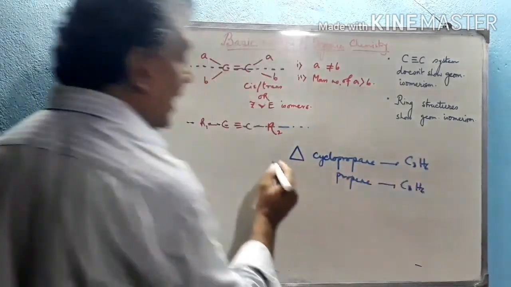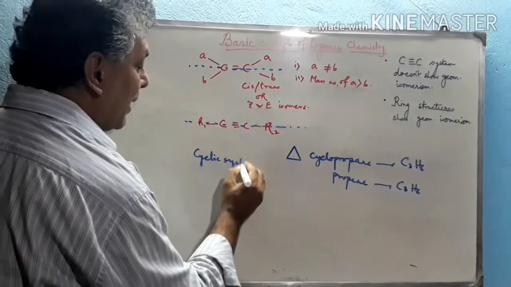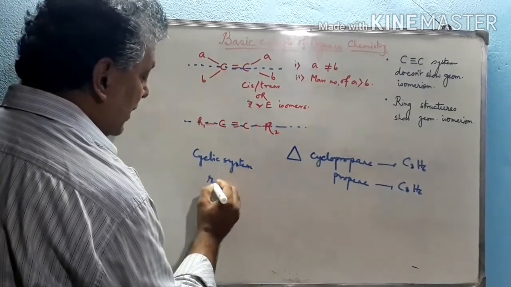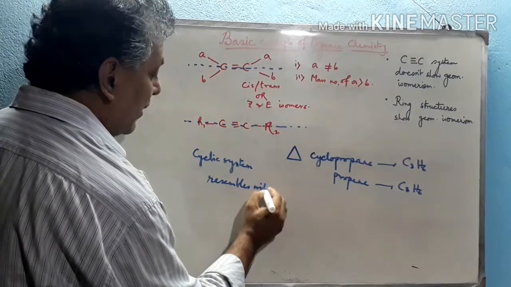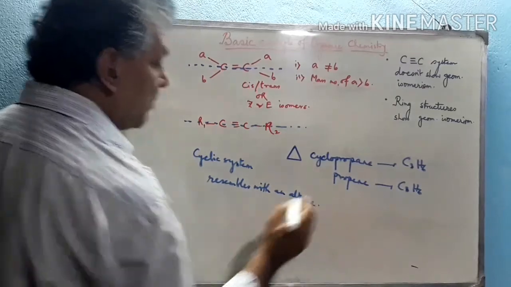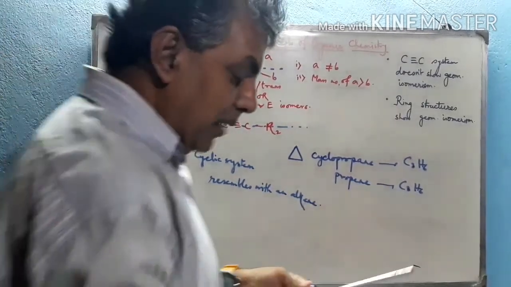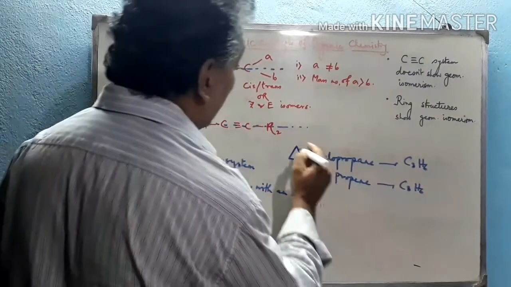So we can say that a cyclic system resembles an alkene whenever two different groups are attached to these two carbon atoms.